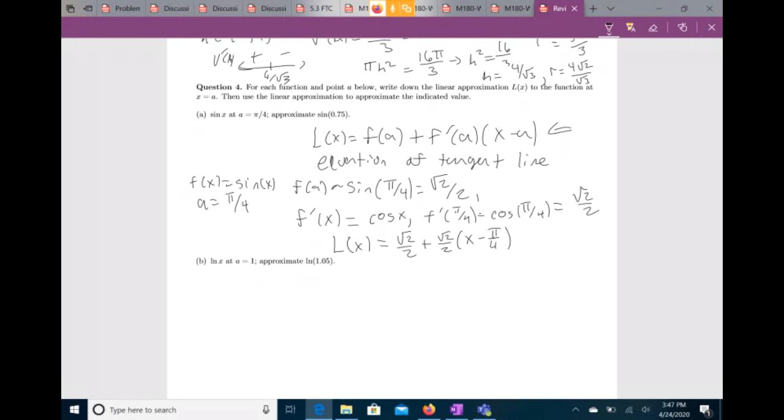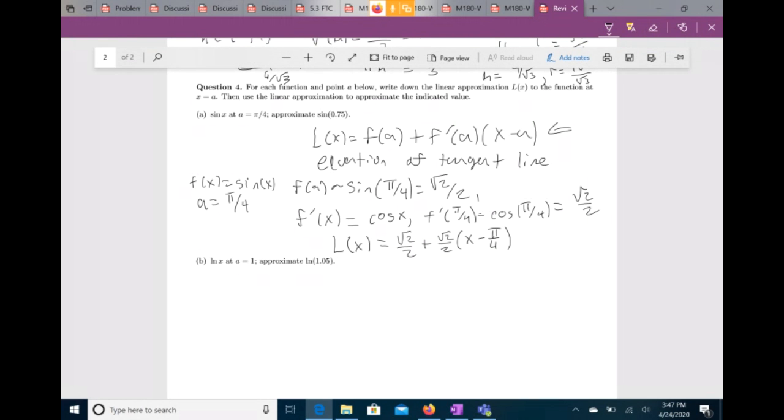Okay, so if we want to approximate sine of 0.75, we're just going to plug in 0.75.